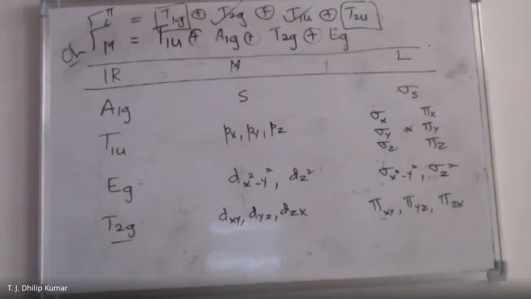If you want the quantitative picture, like which energy level and how much the energy is, then you have to go for quantum chemical calculations. Group theory will give you a qualitative picture. It will tell which symmetry will overlap with which symmetry of orbitals, but it won't give the energy ordering.